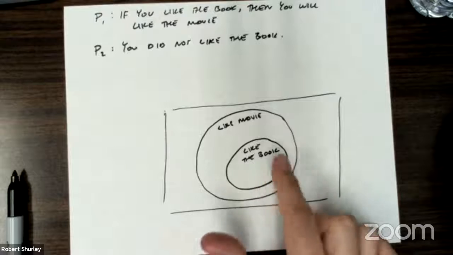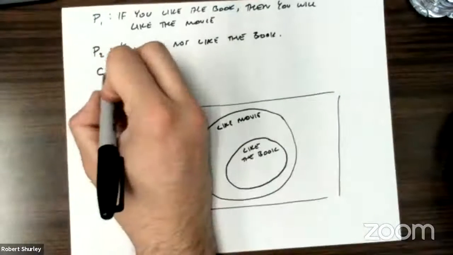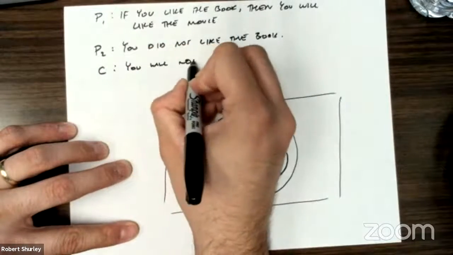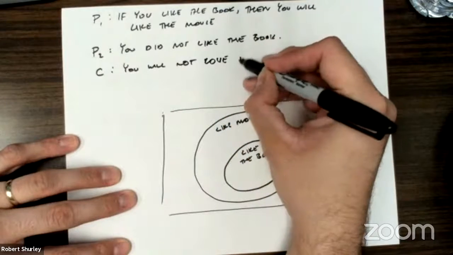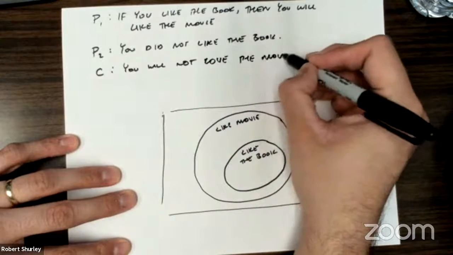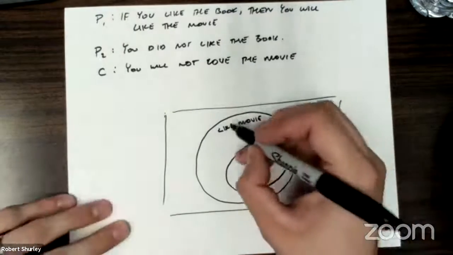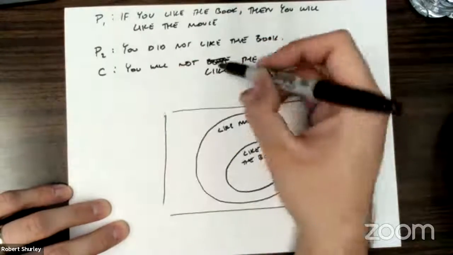If you think of it like an egg, you're not going to be in that yolk right there. The conclusion: you will not love the movie. The book uses love, but we'll just use like to be consistent. You will not like the movie.